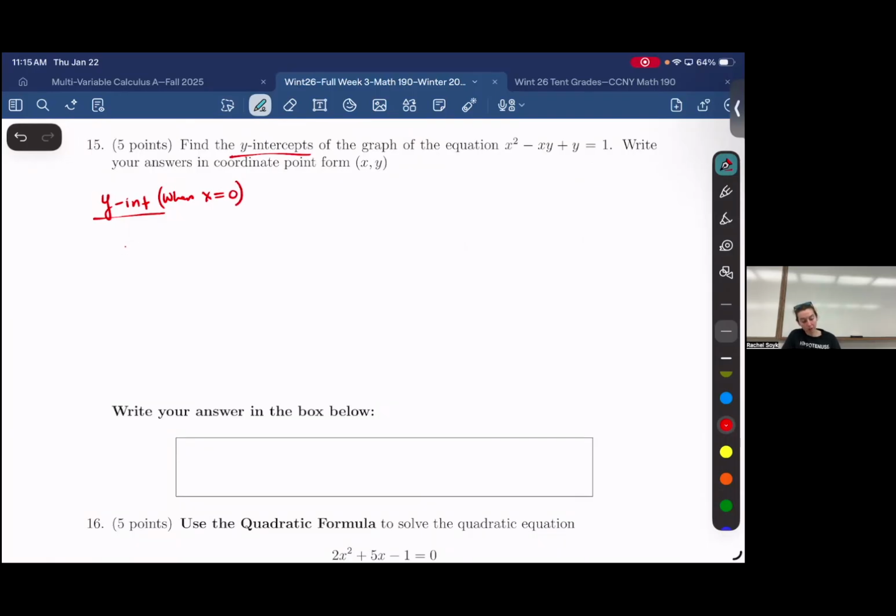So all we have to do is wherever you see an x, let's just draw some parentheses. And then inside those parentheses, fill it in with 0. This shoots to 0, this shoots to 0. So what do we end up getting? Y is equal to 1. So in coordinate point form, we just have 0, 1.